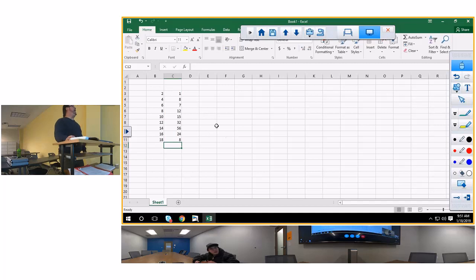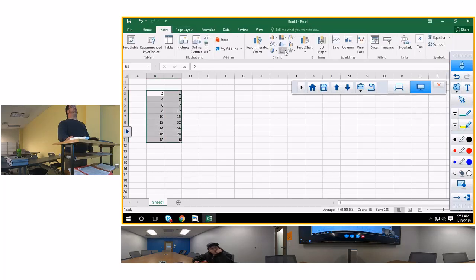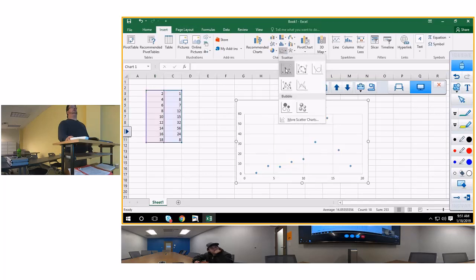I have no earthly idea what this is going to look like. So here's my scatter plot. I highlight that. I go to insert. Let me move this out of the way. Let me highlight it again. There we go. Go to insert. And right here is scatter plot.